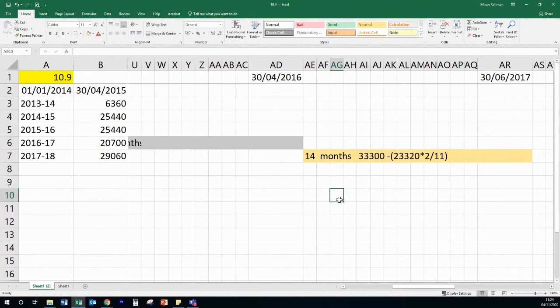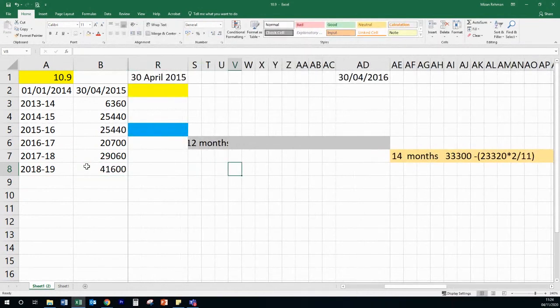Yeah. So that's our 17-18 now. 18-19, no problem. Things go back to normal. 2018-19, we'll take the same figure as 41,600. And I will not do the timeline. It's not really important for this year.